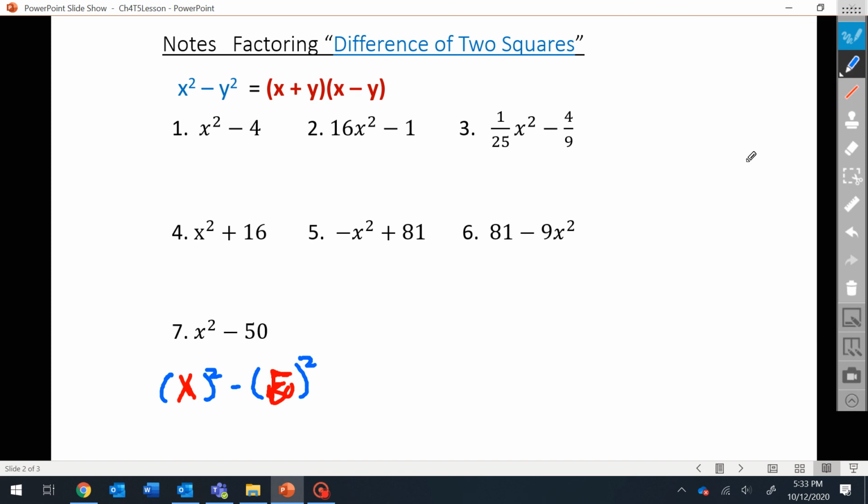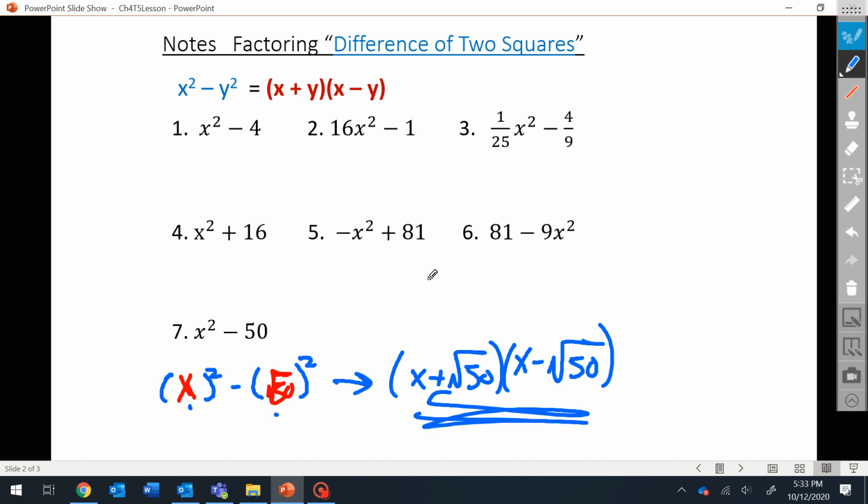It's going to get like 7 point something. So we're just going to leave it as square root of 50. So the first factor is this plus this, x plus the square root of 50. And the second factor is this minus this, x minus the square root of 50. And it's going to be that same pattern every single time.